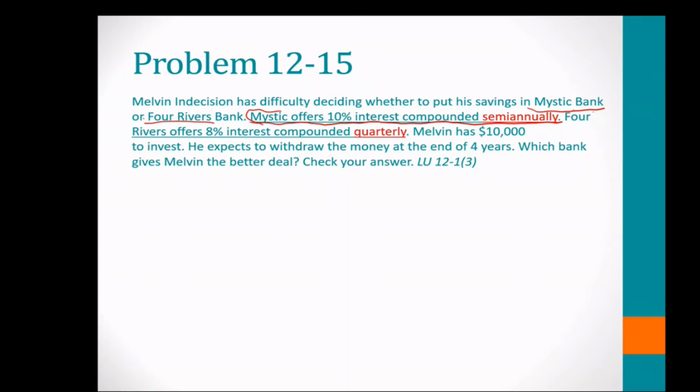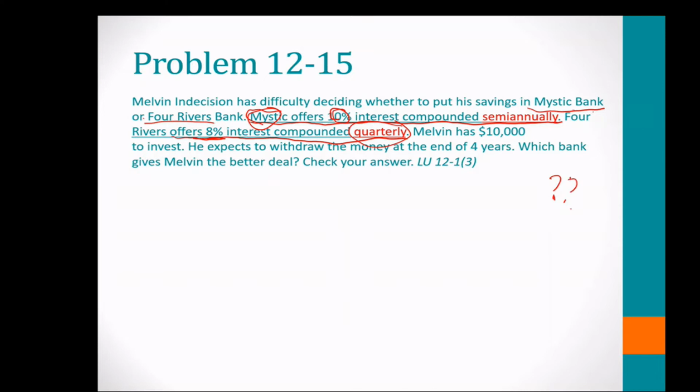The other bank, Four Rivers, offers 8% interest compounded quarterly. Melvin has $10,000 to invest. Which is better?